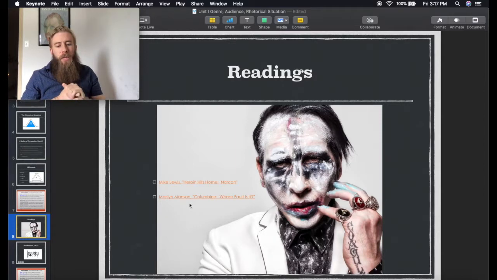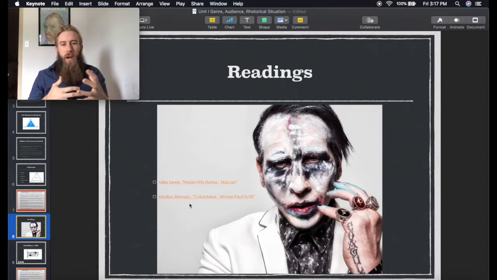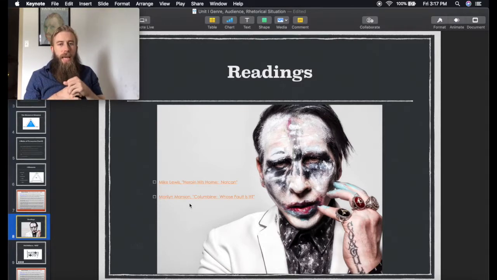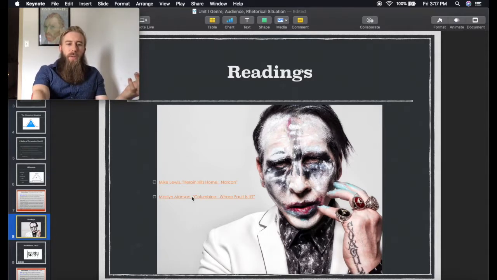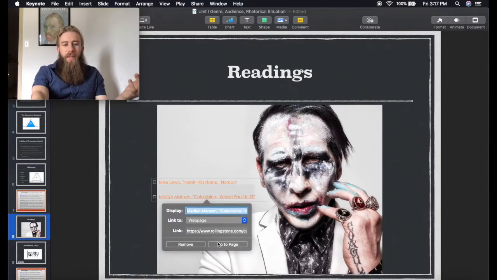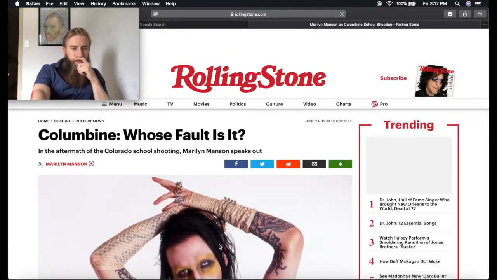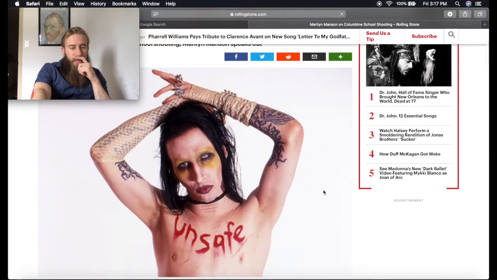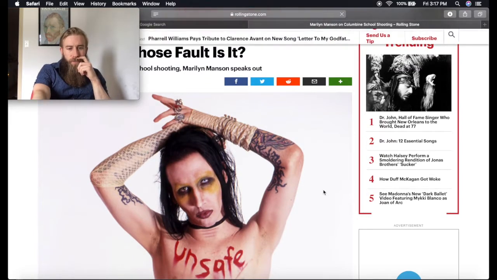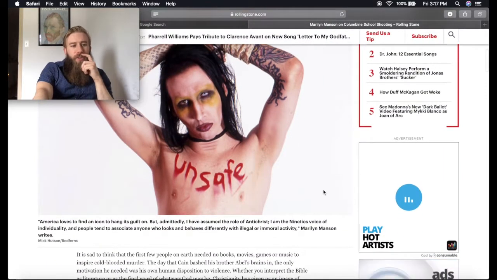And so he's the writer of this article, Columbine, Whose Fault Is It? And really, his purpose is to defend himself. People were attacking him and sending him death threats and blaming him for the massacre that these kids committed. Let's go to the page here. So this is an image of him then when he's younger. And so this is his article.